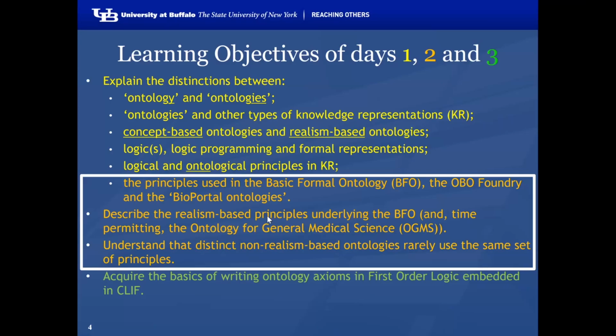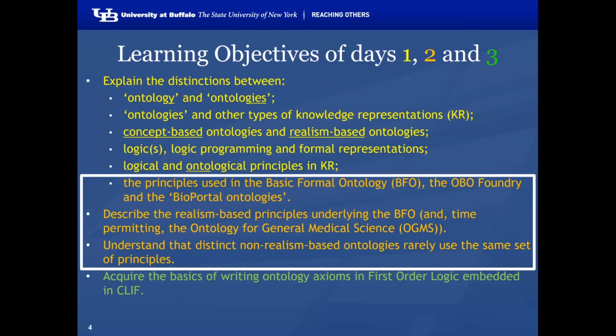The main part will be, of course, describing those realism-based principles, which are on the basis of the BFO. And when we have enough time, then we will also dive into the ontology for general medical science, which is an ontology which uses the BFO as an upper ontology. If we don't have time, don't worry about that. I will leave the slides in there and you can watch them afterwards.